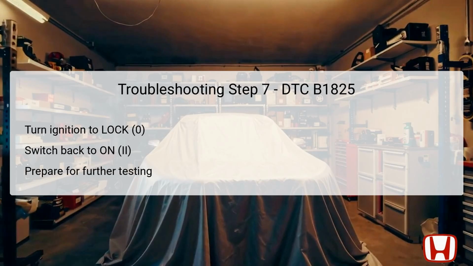In Step 7, the ignition switch is again turned to the lock position, 0, then back to the on position, 2. This step resets the vehicle's electronic systems, preparing them for the next phase of testing. Ensuring the ignition is properly cycled is pivotal, as it allows the systems to be in the correct mode for troubleshooting potential issues.